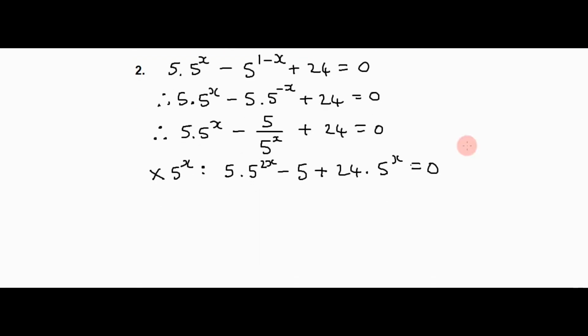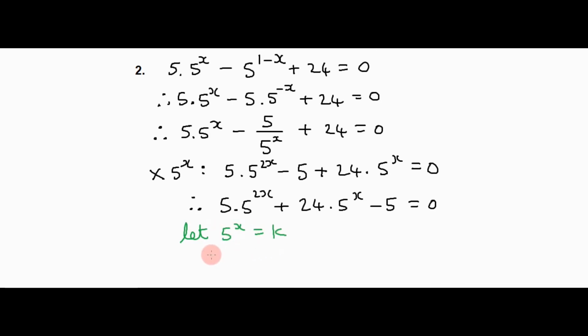We're going to change the order of the terms slightly. Now we have a trinomial, and we're going to use k substitution. So let 5 to the x equal k, and hence 5 to the 2x equals k squared.